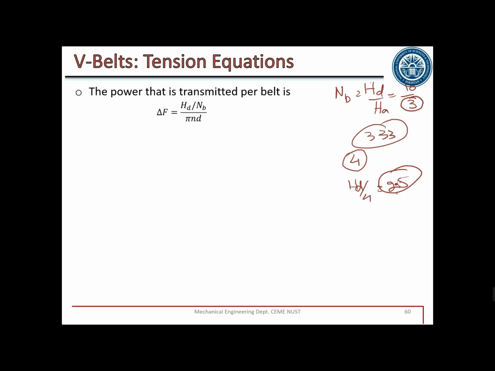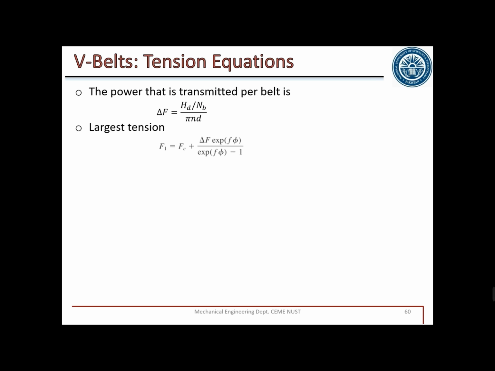Instead, each belt is supporting 2.5 kilowatt of power, because instead of using 3.33 belts, we have used 4 belts. So the effective tension supported by each belt will be reduced. That's why we use HD by NB here instead of using HA.